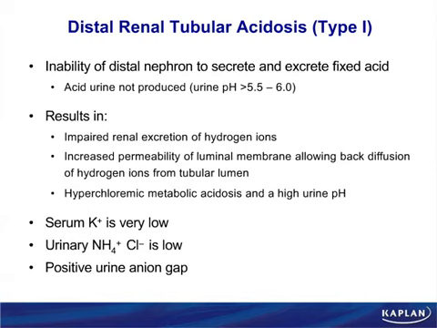Therefore, you will have low urine chloride levels. So you will have more sodium and potassium than chloride in the urine. We call this a positive urine anion gap. So you will see a positive urine anion gap in the distal RTA.